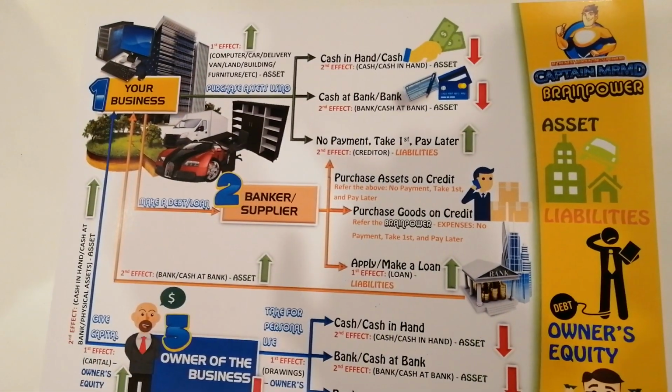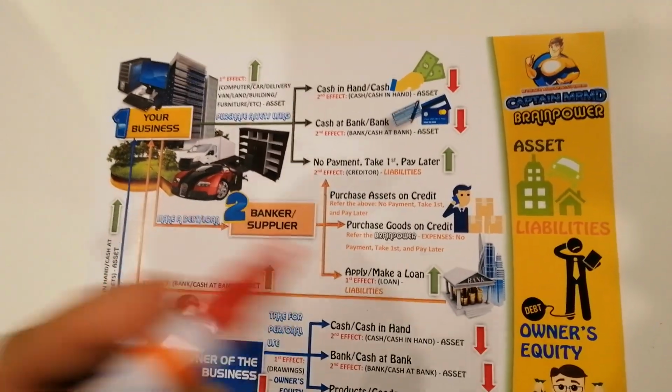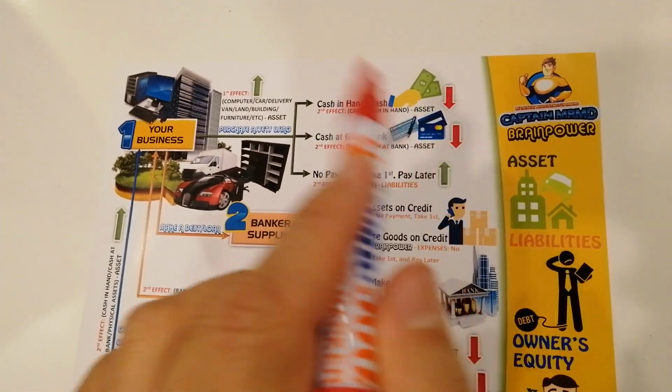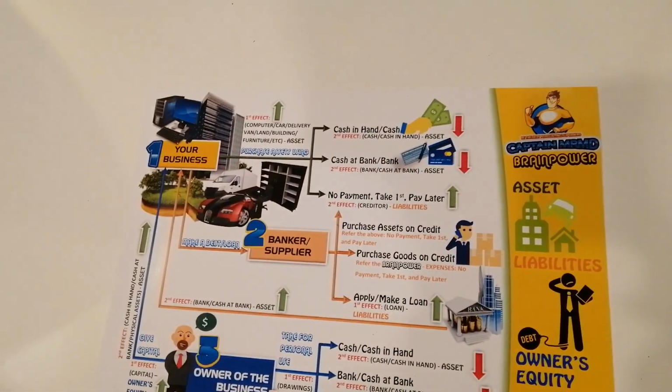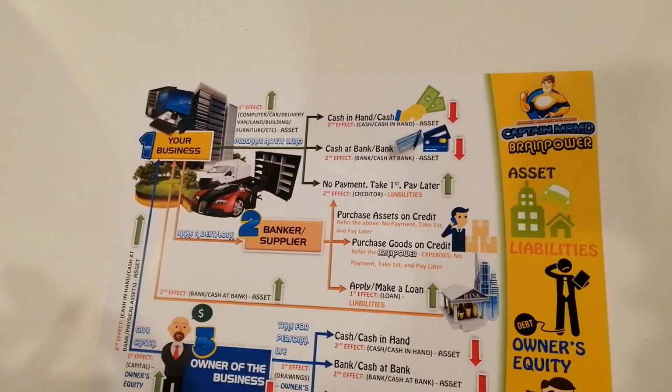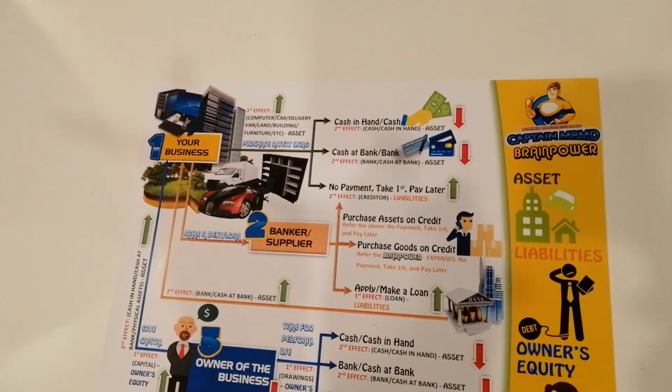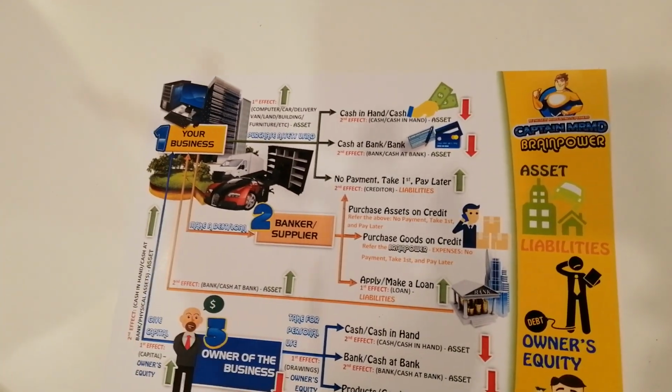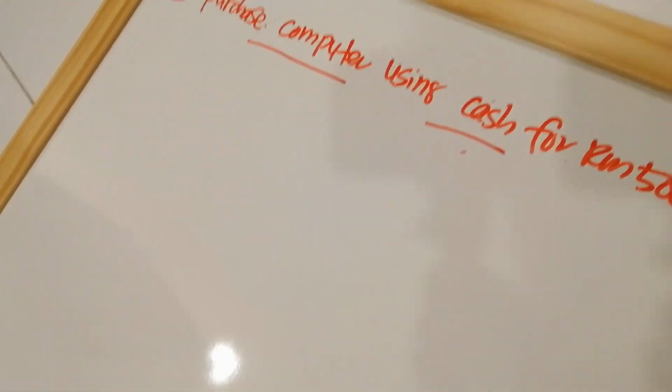If you're not sure, you can always look at your brain power because you have 4 brain powers. This is the first brain power and we have another 3. Okay? Brain power for revenue, brain power for expenses, brain power for decreasing commitments and liabilities. Okay.